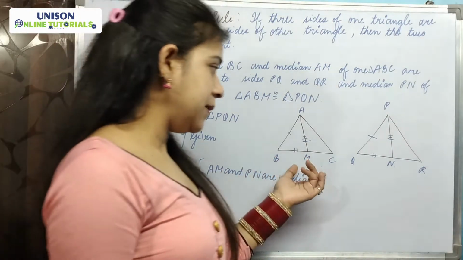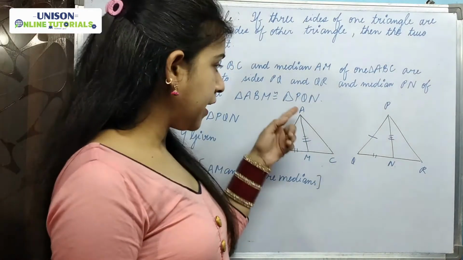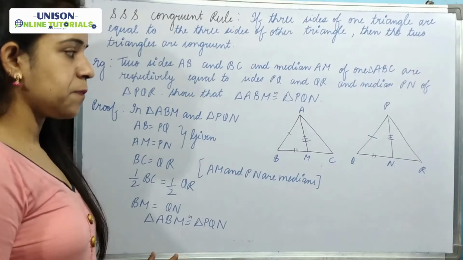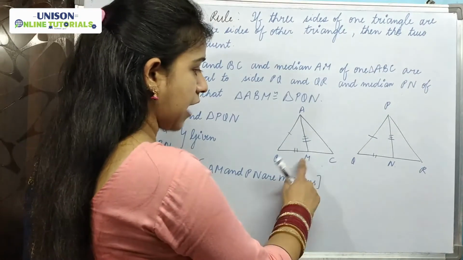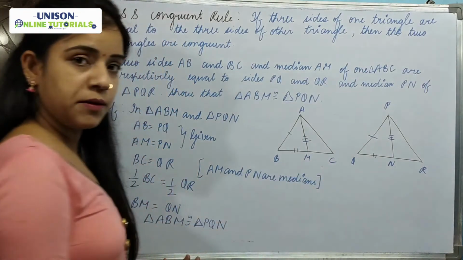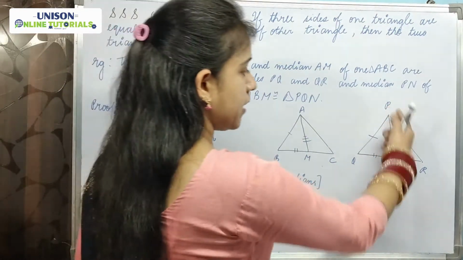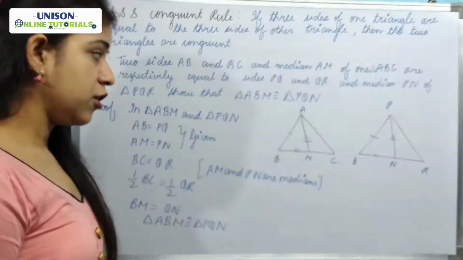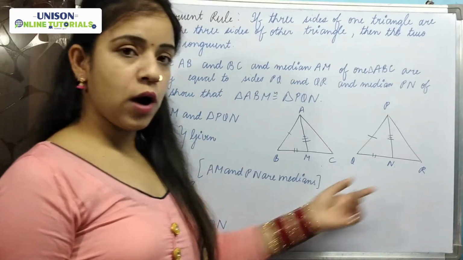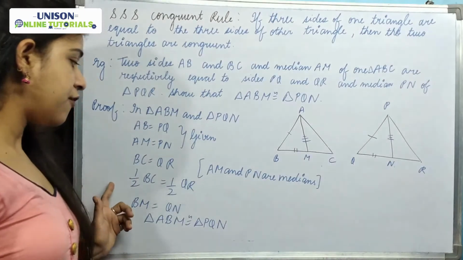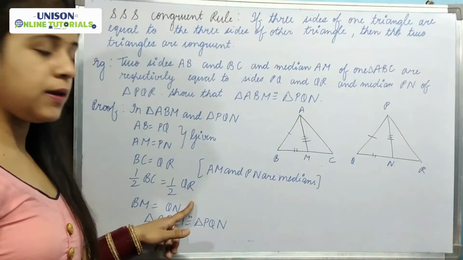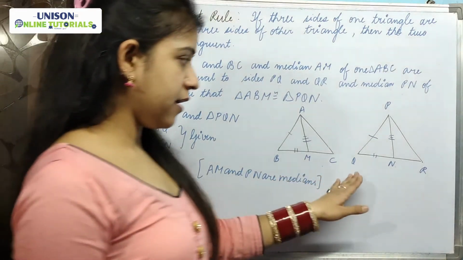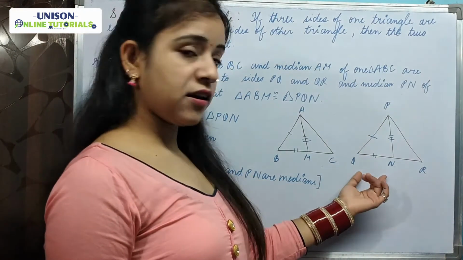It is given that BC equals QR and AM and PN are medians. So if AM is the median on BC, that means M is the midpoint of BC. Similarly, PN is the median on QR, therefore N is the midpoint of QR. So if BC equals QR, then half of BC and half of QR will be equal. Half of BC is BM, and half of QR is QN.